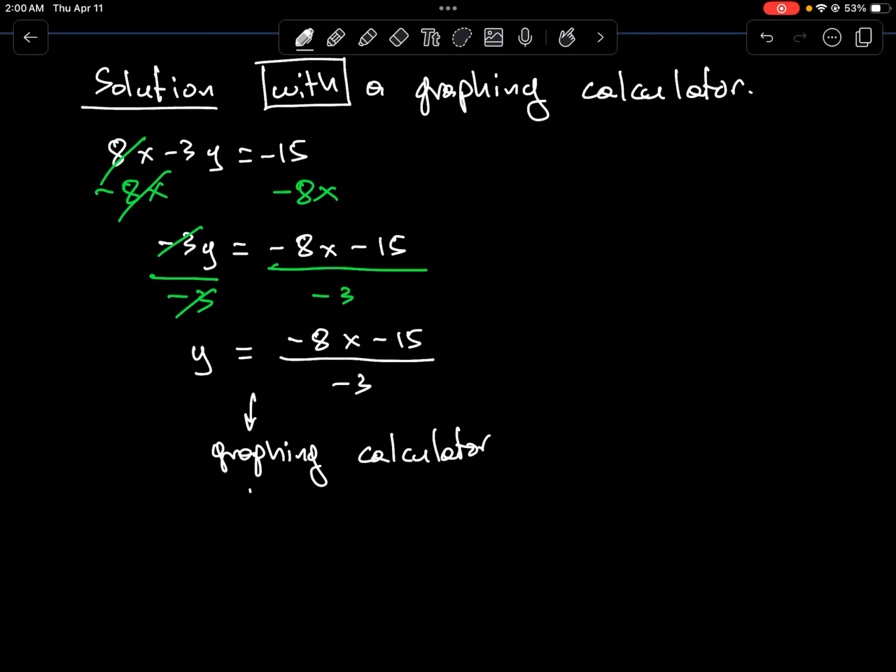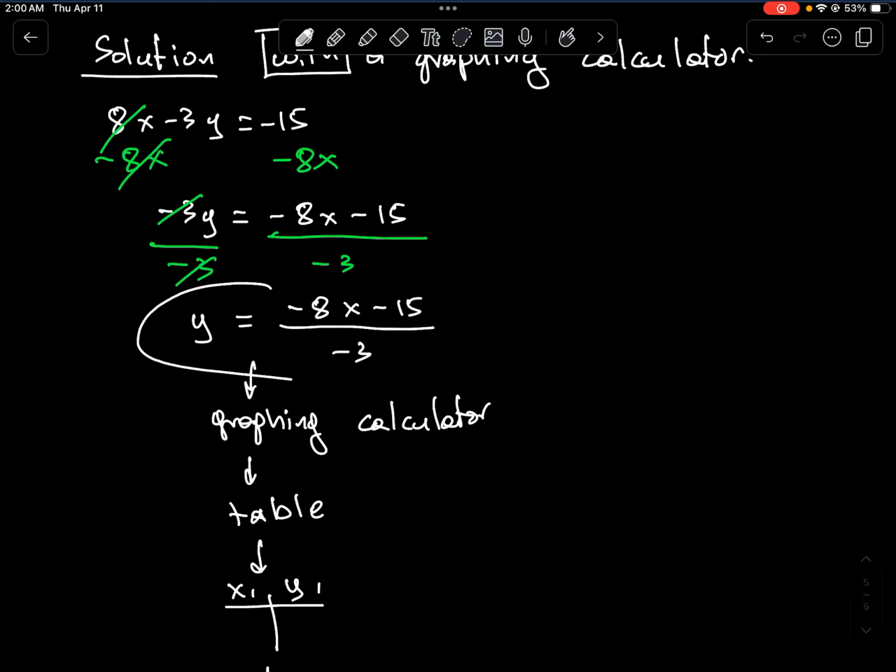And then I will plug in the m and b to the y equals mx plus b, and I will get the form. So that will be good practice. Let's see what we got. And what we got is that y equals negative 8x minus 15 divided by negative 3.